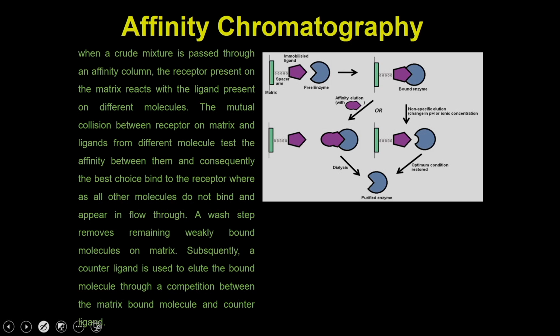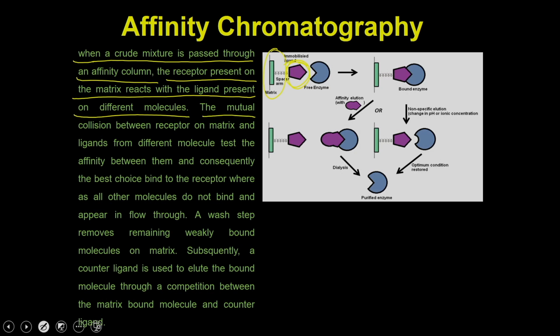For example, in this case we have taken a matrix and coupled the ligands. If you flow a crude mixture onto an affinity column where the ligand is coupled to the matrix, the receptor reacts with the ligand present on the matrix.